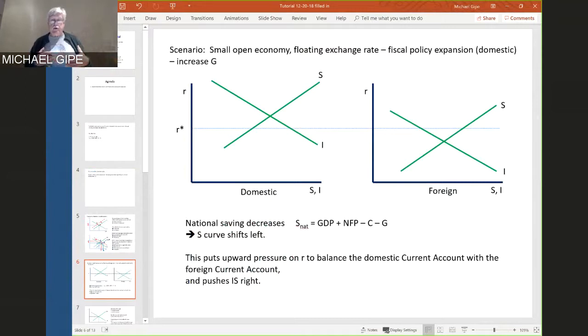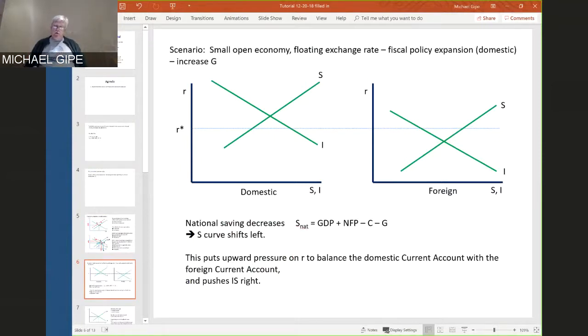So domestic currency can buy a certain amount of a foreign currency, and the markets will determine how much of that foreign currency you can exchange your domestic currency for. And again, we'll take that same idea that we'll use a fiscal policy expansion, that is, governments will increase G.